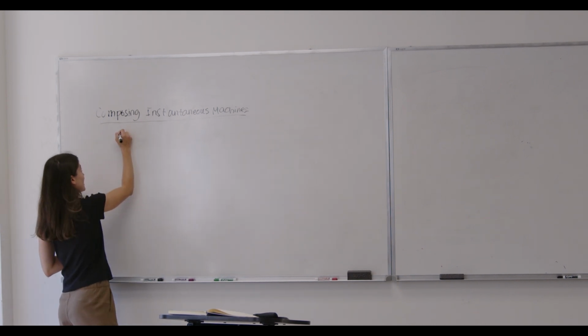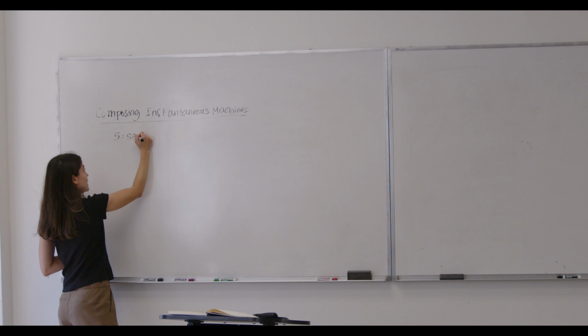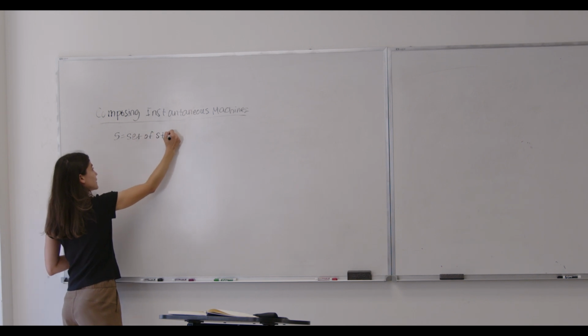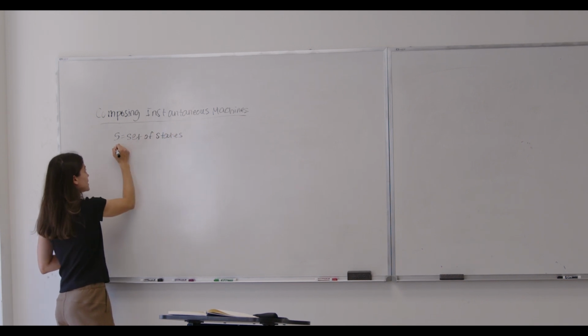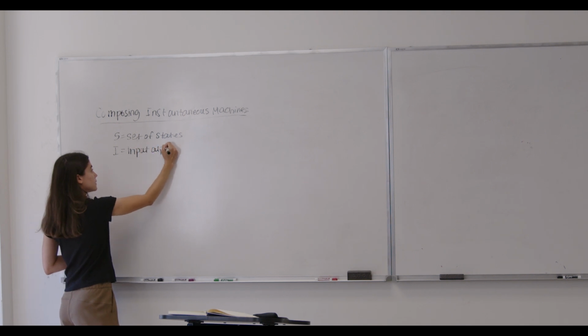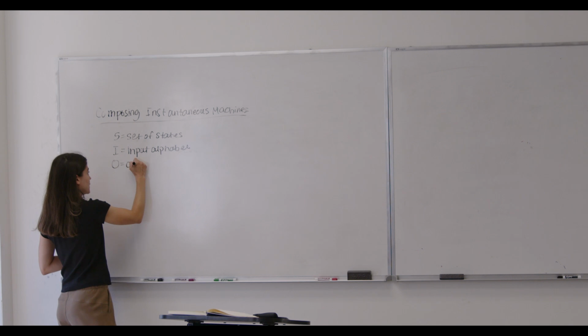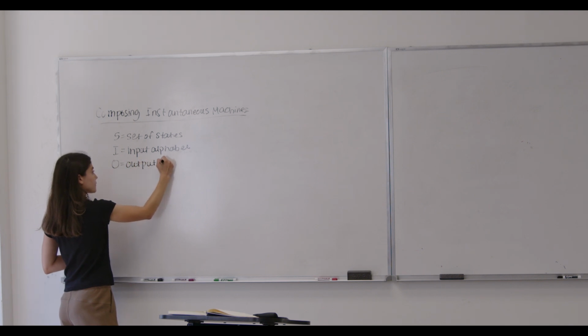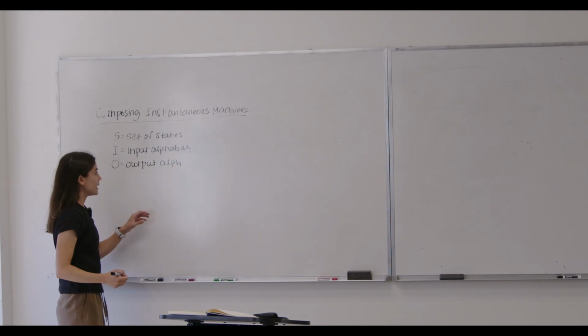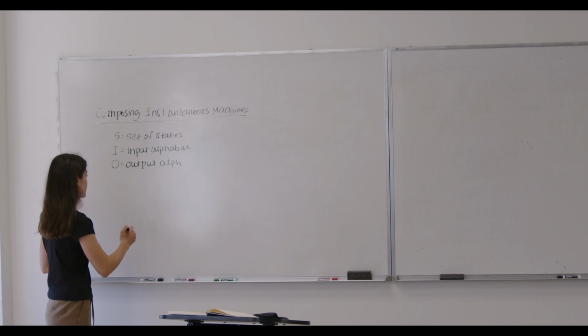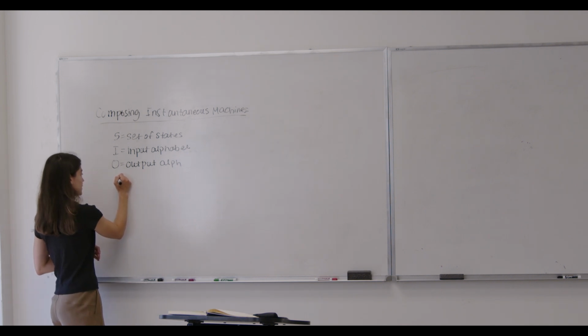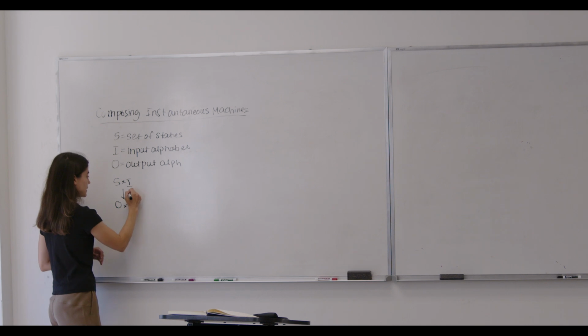A Mealy machine has a set of states S, an input alphabet I, and an output alphabet O. This comes with a structure that takes S cross I to O cross S.